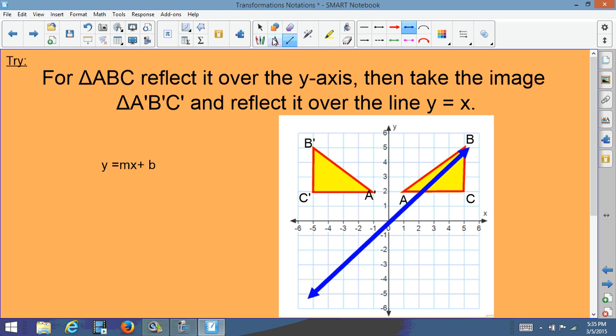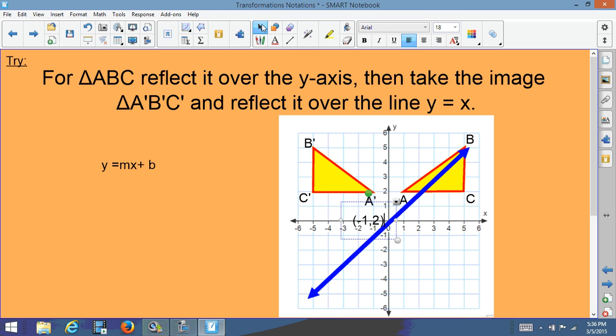Well, if you remember in class, I taught you a trick. You can go to the point, like point A, and reverse the numbers of the coordinate. So the coordinate for point A would be -1, 2.